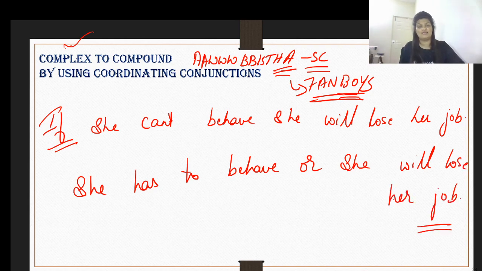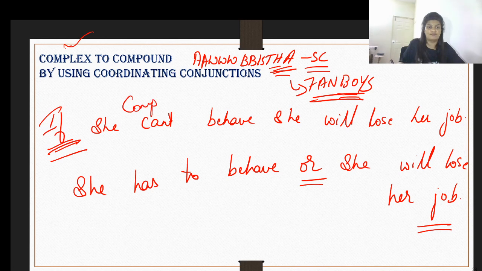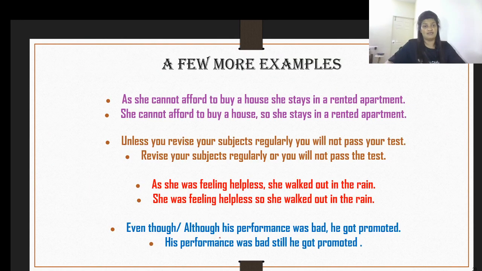So you can see that we have introduced the coordinating conjunction and we have eliminated the subordinating conjunction, and we have kept the meaning intact as well, and there we have converted the complex statement into a compound statement.